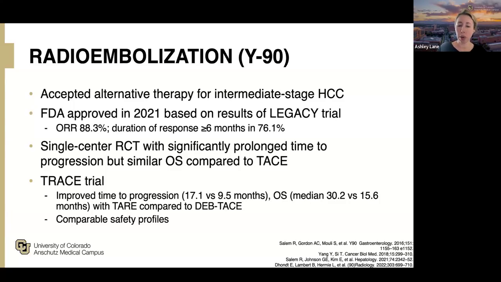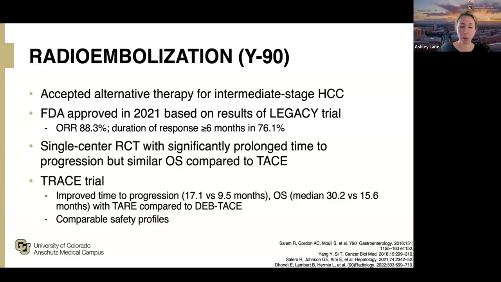So that was a single arm retrospective analysis of 162 patients. They were well compensated. So Child-Pugh A with a solitary lesion up to 8 centimeters. So you can see the response rate was pretty significant, and the duration of response at over 6 months was 76%.